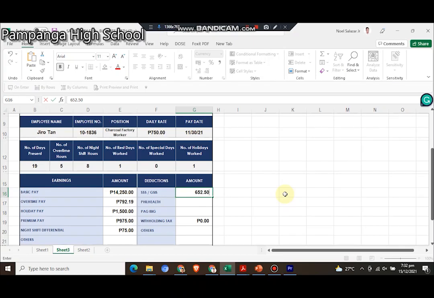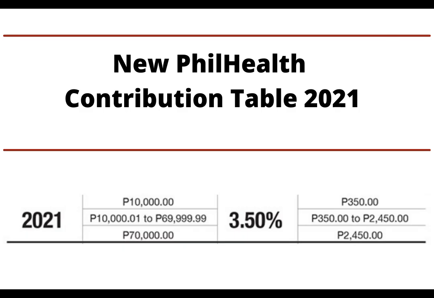For PhilHealth, we also need to check the table released by PhilHealth. Note, employee and employer share with the payment of contribution would be 50-50, meaning 50% for the employee, 50% for the employer. Here is the latest table released by PhilHealth. Multiply the basic pay by 3.5% or 0.035.